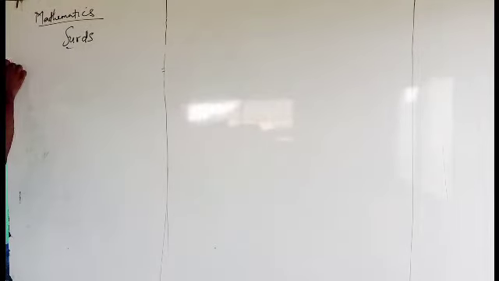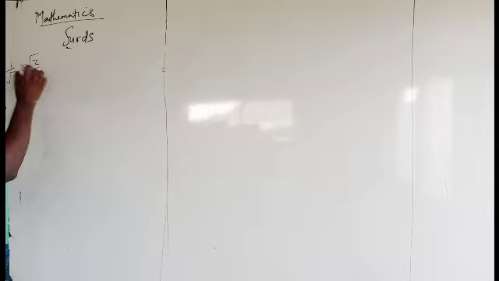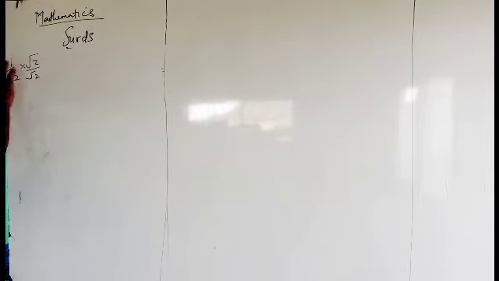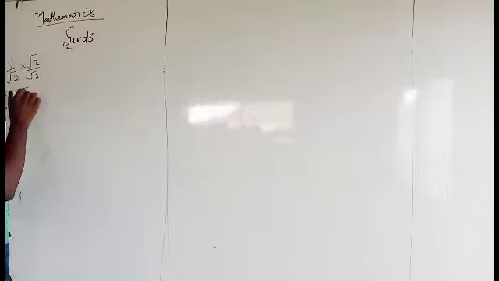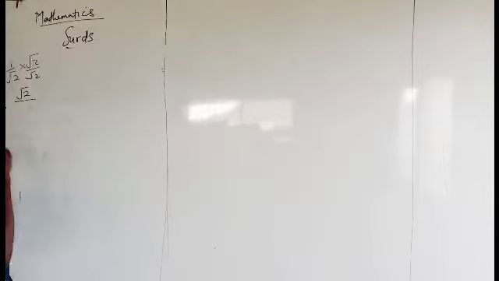We have 1 over root 2. Now we have to rationalize it. So this would be 1 over root 2 times the denominator again, root 2 over root 2, which gives us 1 times root 2, then root 2 times root 2, giving us what? 2. So this is it.